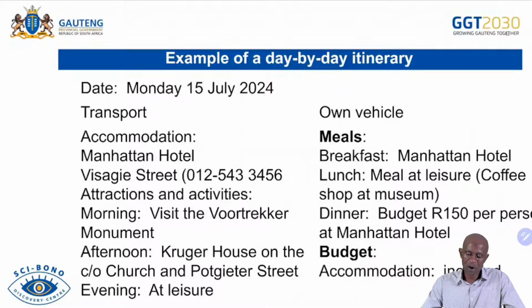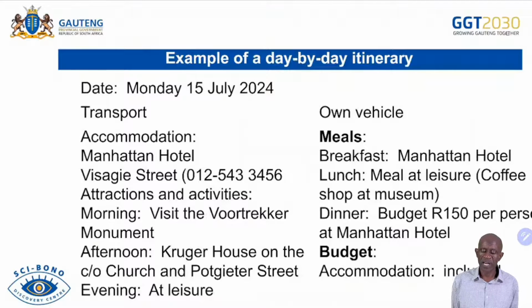Examples of day-to-day itinerary. Here is another format. We have emphasized the aspect of the date. The date here is given as the 15th of July 2024. The transport here in this itinerary, the tourist will use own vehicle.